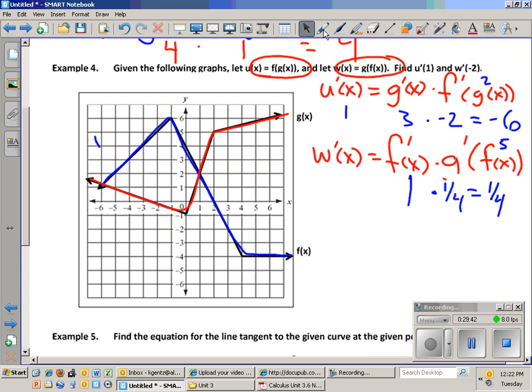Then I do this piece, so I have to find f of negative 2. If you go here, f of negative 2 is 5. So I really want to know what g prime of 5 is. I go to 5, and the slope right there looks like 1/4. So 1 times 1/4 is 1/4.